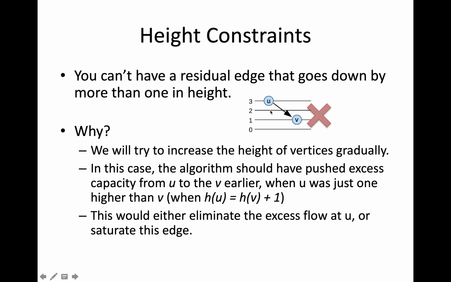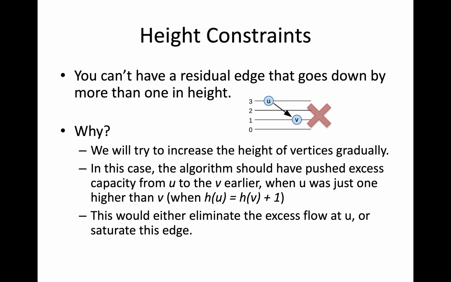So we'll think of trying to increase the height of vertices gradually. And you can see that in the rules that we've talked about. We only increase the height during a relabel operation. And we can only do a relabel operation when a vertex is overflowing and it's lower than any of its neighbors. And when I say any of its neighbors, I mean any other vertex to which it has an edge with some residual capacity.